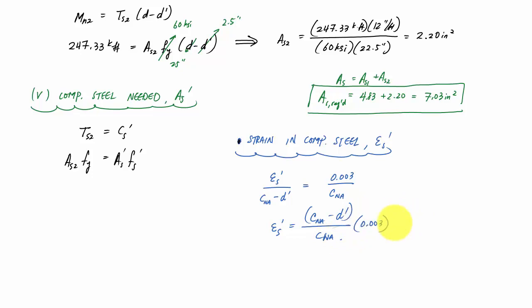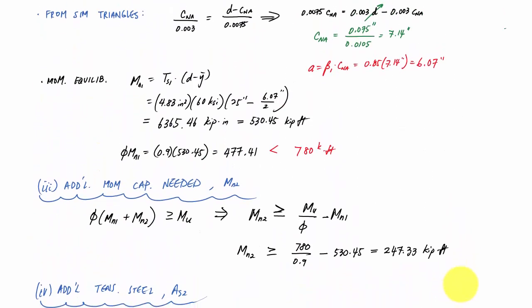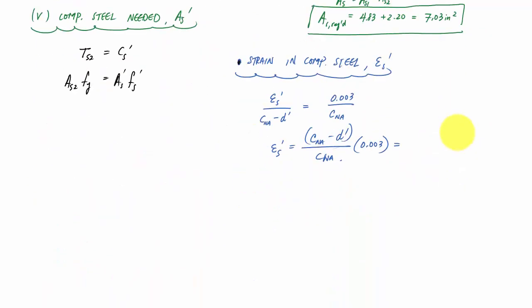So this would be, what is it, 7.14 inches? Was that what we had? Yeah. So CNA 7.14 minus 2.5 inches divided by 7.14 times 0.003. What's my strain? 0.0019. That's really close to yielding, right?